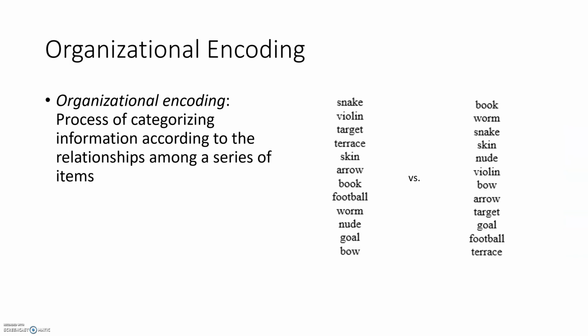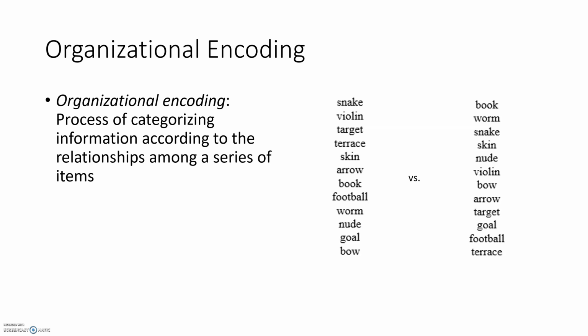So let's start with encoding. This is an activity that you could try on your own time, I guess, or maybe with your roommates. If you put words in a random order, it's pretty hard to memorize very many of them in a short period of time.